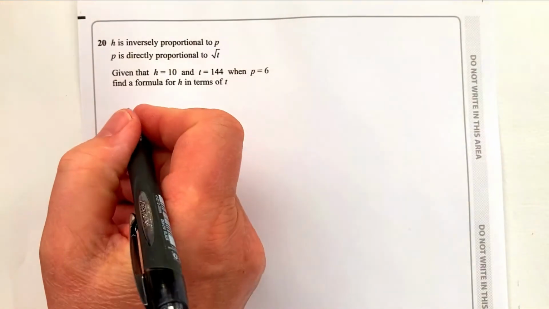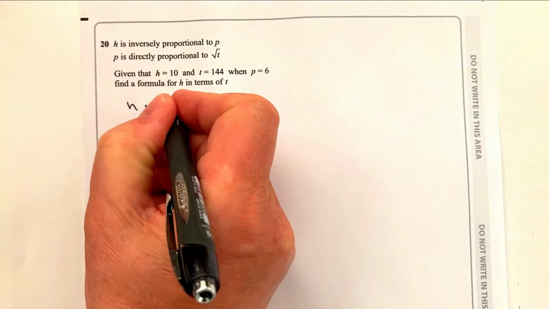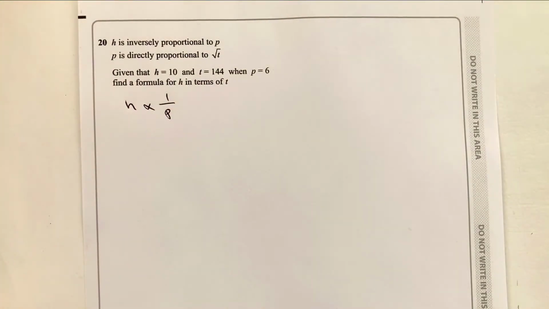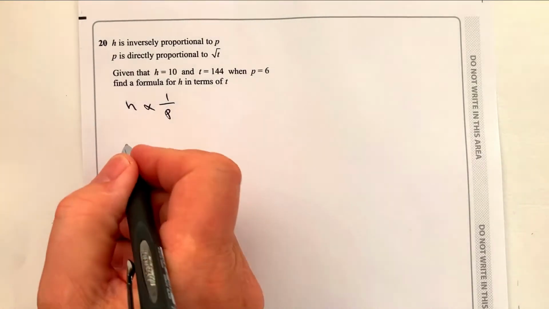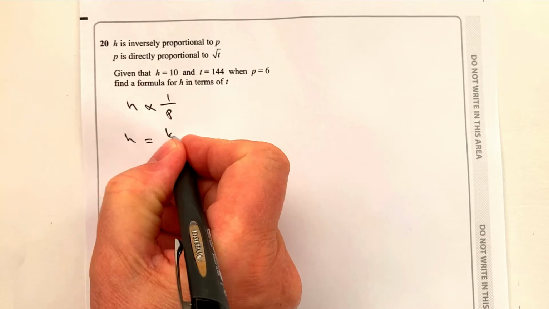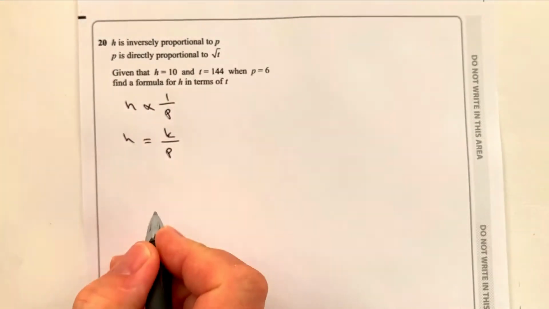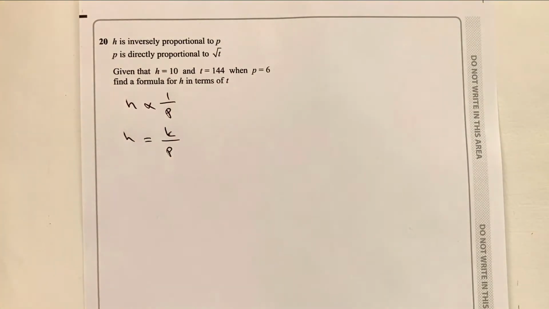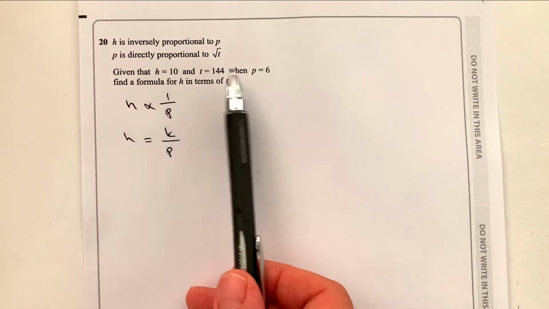H is inversely proportional to P, so I'd write that as 1 over P. Now I'm going to convert that into an actual formula. I'm going to say H is equal to K times 1 over P, where K is a constant, and again, if you're not sure, there are playlists on the channel. Let's put these two numbers in.